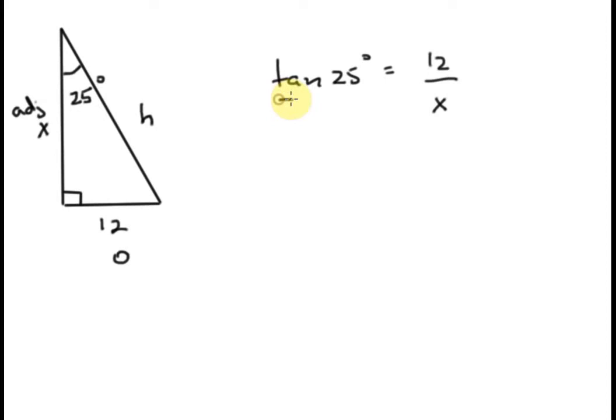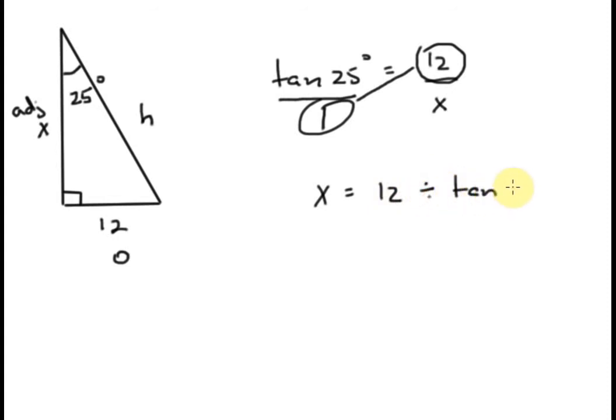Again, I like to make it a fraction equal a fraction so that I can cross multiply and then divide. So to solve for x, what I'm actually going to do is take top number times a bottom number and then divide by whatever's left. So 12 times 1 is 12. So what I'm actually doing is this.